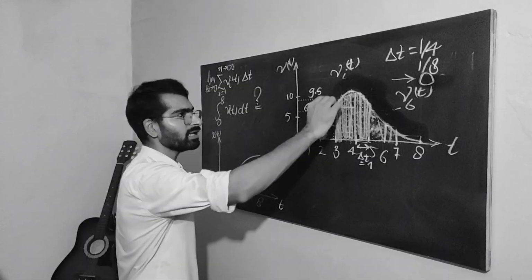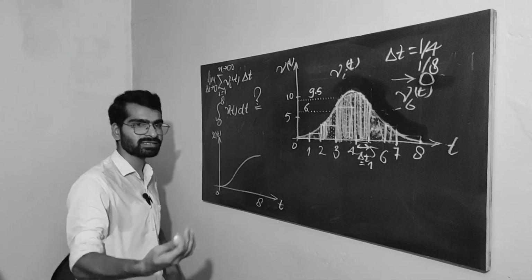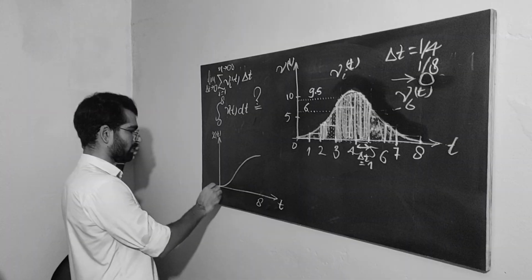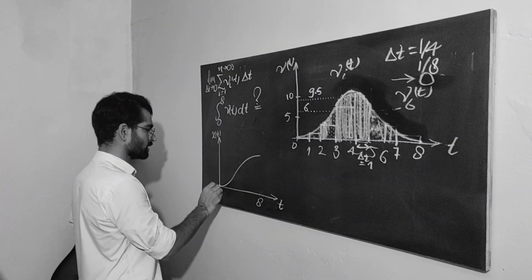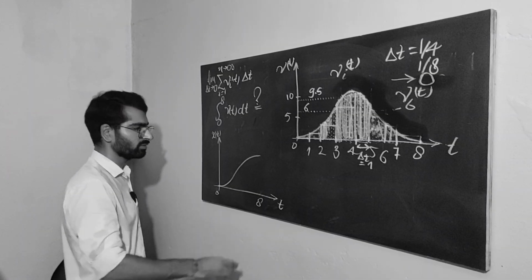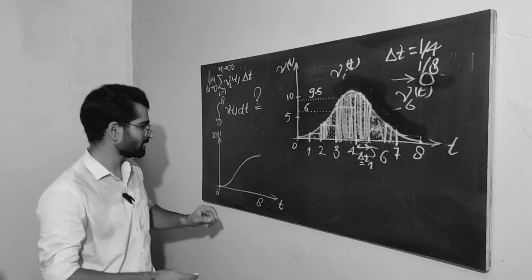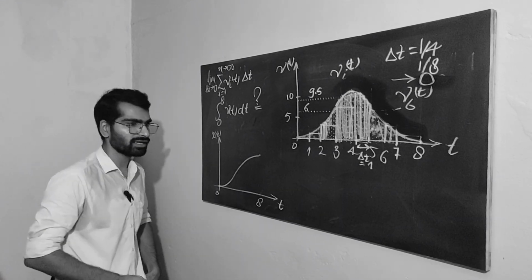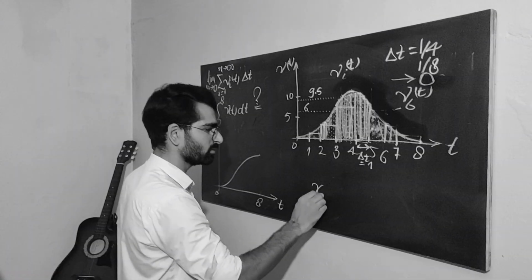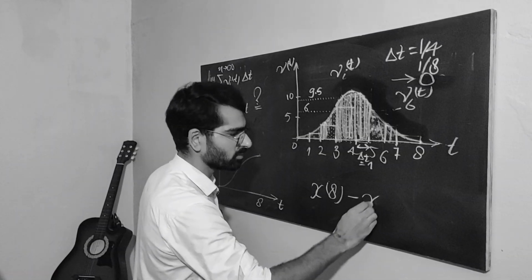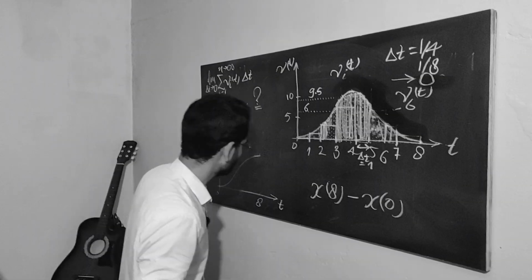To find this area, which is the exact distance traveled from 0 to 8 seconds, you have to know the position at time t equals 8 minus the position at time t equals 0.